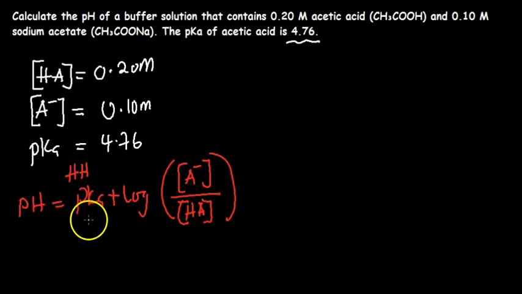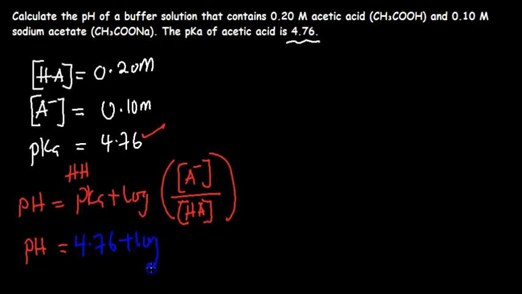So inserting our values, this is what we're going to be looking at, which is the pH. What is the value of pKa? This is the value of pKa, and we're going to replace that with 4.76. What about the log?